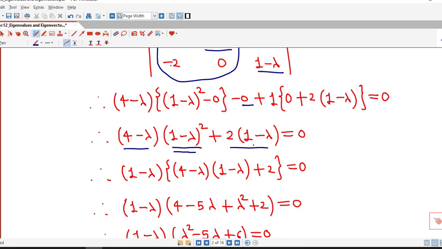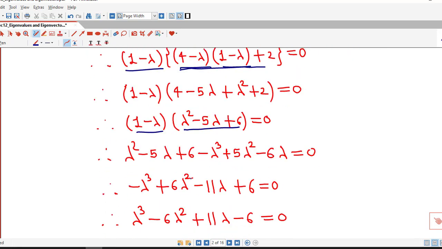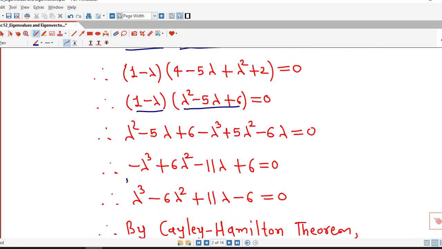Now here 1 minus lambda is there in both the terms, so we take 1 minus lambda outside, and here we are left with (4 minus lambda) into (1 minus lambda) plus 2 equal to 0. And after multiplying these two, we obtain this second degree polynomial in lambda, and again we take the multiplication of these two, and after simplifying we obtain this polynomial equation, which is the characteristic equation of the given matrix A.